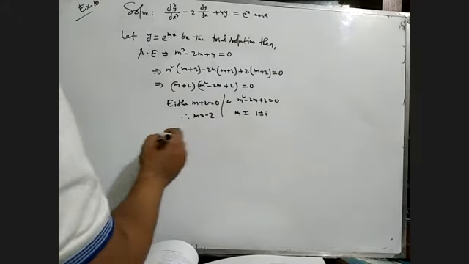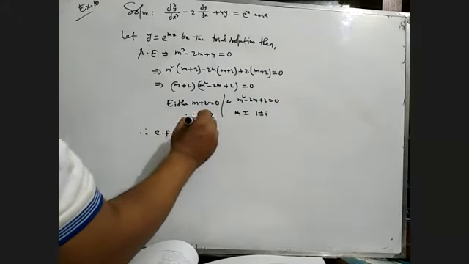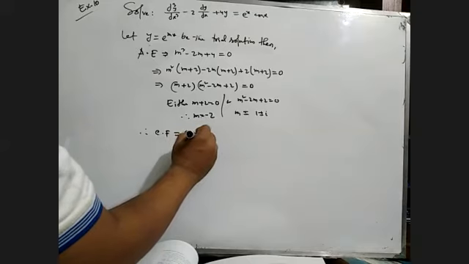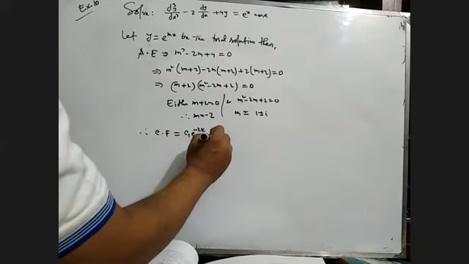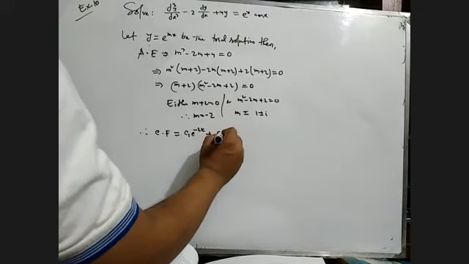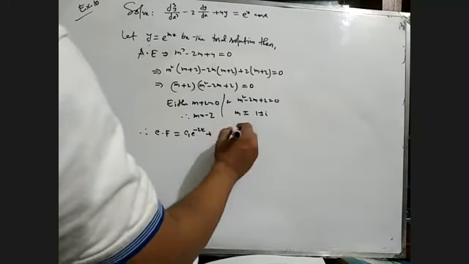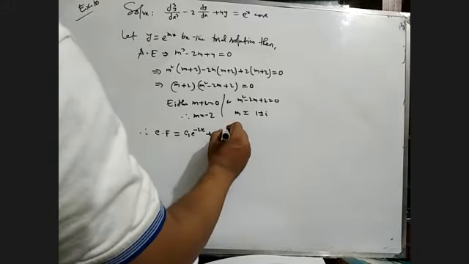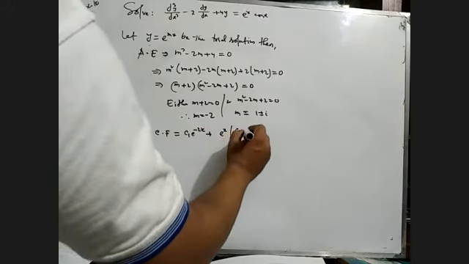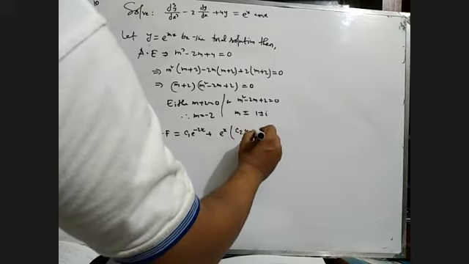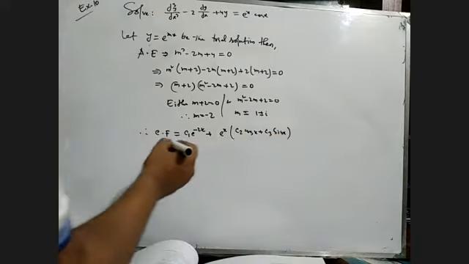So the complementary function will be C1 e to the power minus twice x plus e to the power alpha x, that is e to the power 1 into x, times C2 cos x plus C3 sin x.